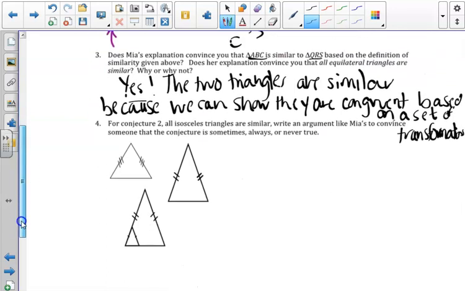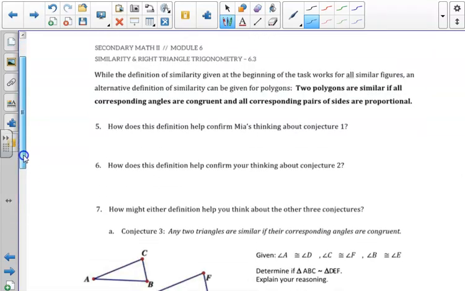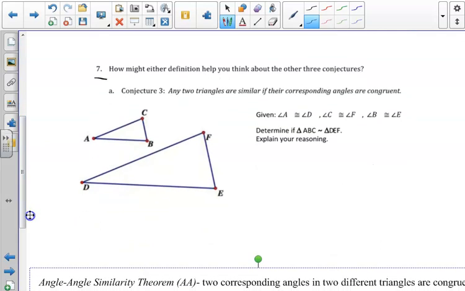So now let's look at a formal proof on the next page, scrolling down to number 7, Conjecture 3, that any two triangles are similar if their corresponding angles are congruent. So what we are given, the first thing we need to do is mark the given.